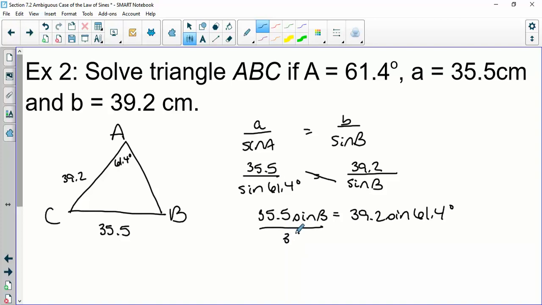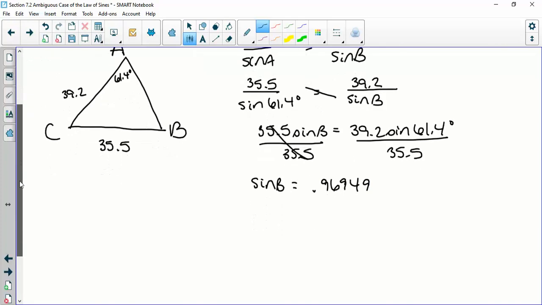So to get sine by itself, you have to divide. And you get sine of B to equal 0.96949. So is this one possible?